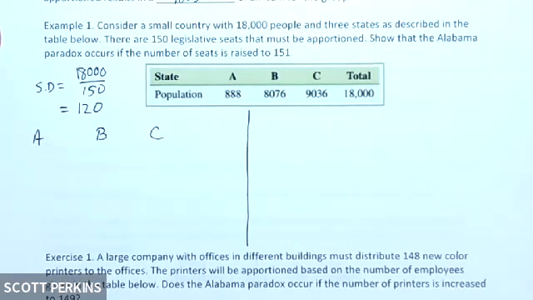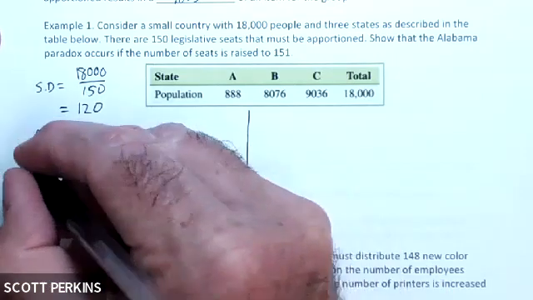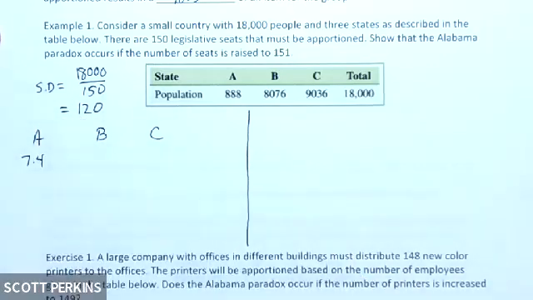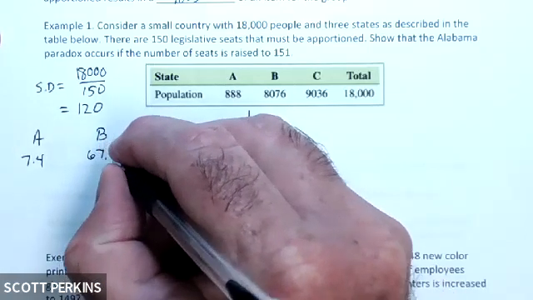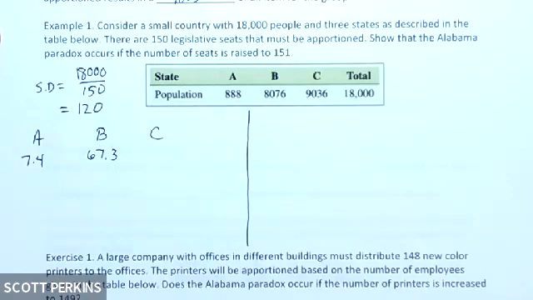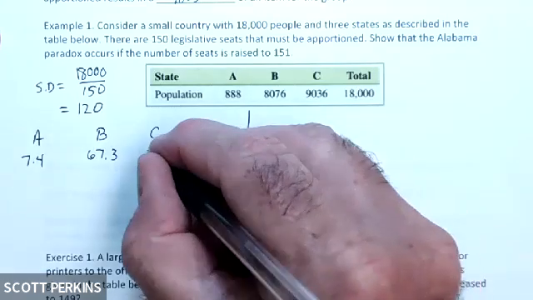So I'm going to take the 888 divided by 120, and that is 7.4. The 8,076 divided by the 120, and you get 67.3. And then last but not least, the 9,036 divided by the 120, and you get 75.3.